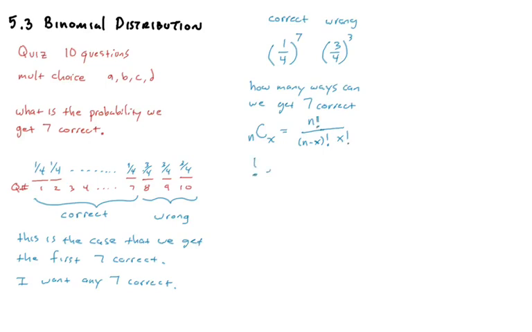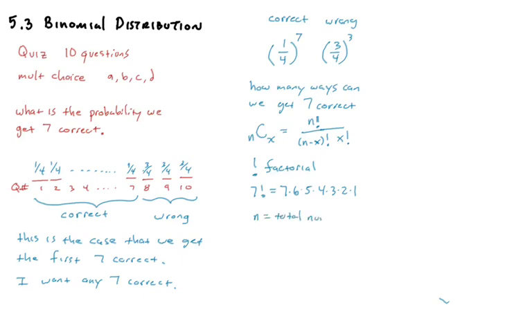If you're not familiar with factorial, it's an operator, much like addition and subtraction. It's telling you to do something. 7 factorial means you multiply that integer times every integer before it, all the way till we get to 1. So 7 factorial means 7 times 6 times 5 times 4 times 3 times 2 times 1.